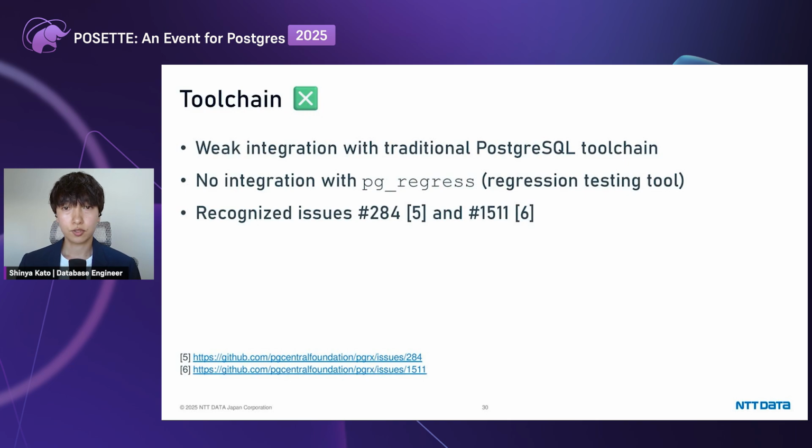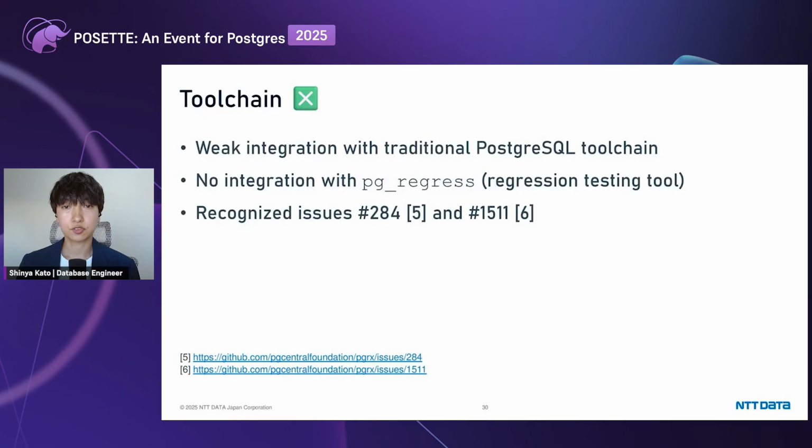Now, let's look at the point marked here as a challenge, which relates to toolchain integration. While the Rust side is well supported, there's currently weaker integration with some traditional Postgres tools. Specifically, as noted here, there isn't direct integration with pg_regress, the standard framework for running SQL-level regression tests in the Postgres ecosystem.